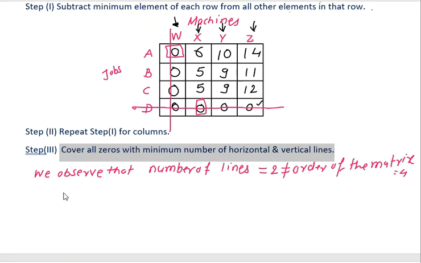So this is not an optimum solution. So we apply step number 4. What is step number 4? We require the smallest uncovered number. Now look at the uncovered numbers: 6, 5, 5, 10, 9, 9, 14, 11, 12. 5 is the smallest uncovered number.